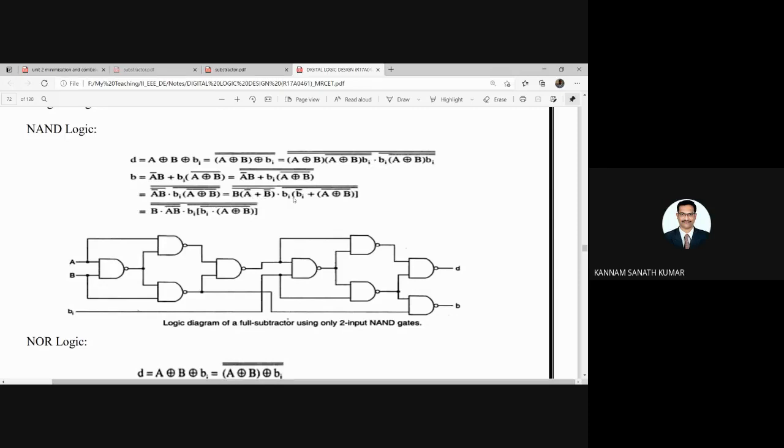And this one also you can write like this. So this is the expression for the borrow.